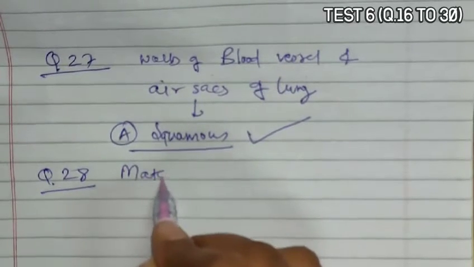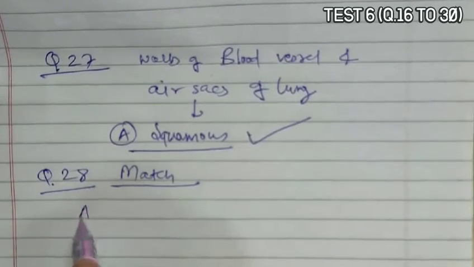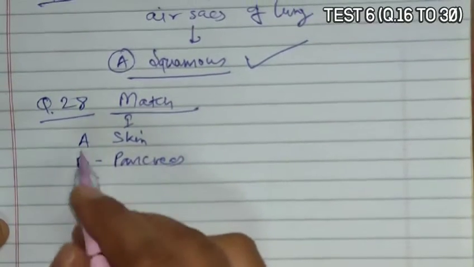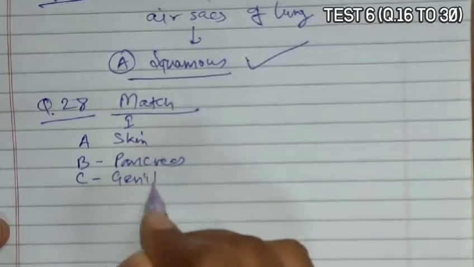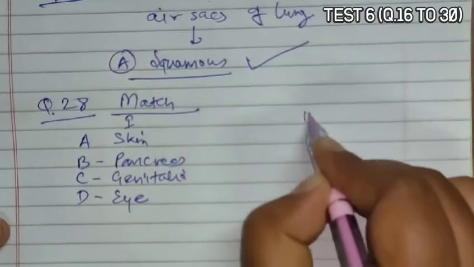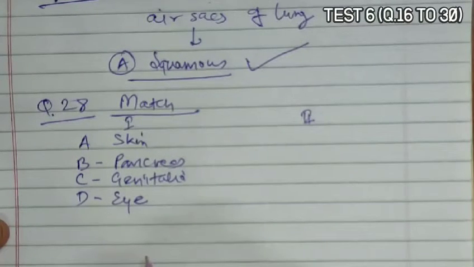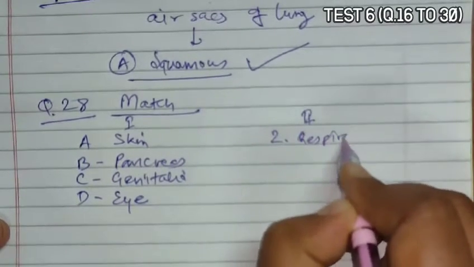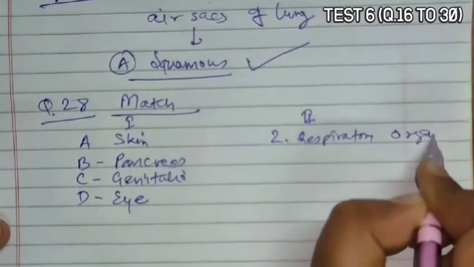Now we go with question number 28. Again it is a matching question. In column 1, A is skin, B is pancreas, C is genitalia, and D is eye. In column 2, skin matches with 2, respiratory organ.